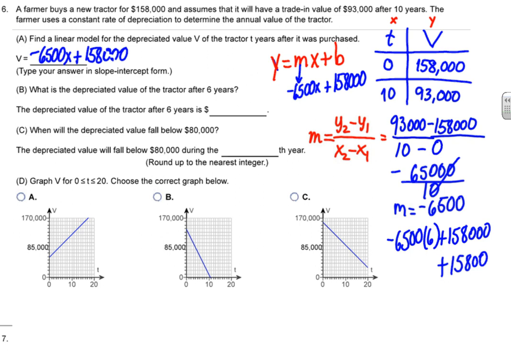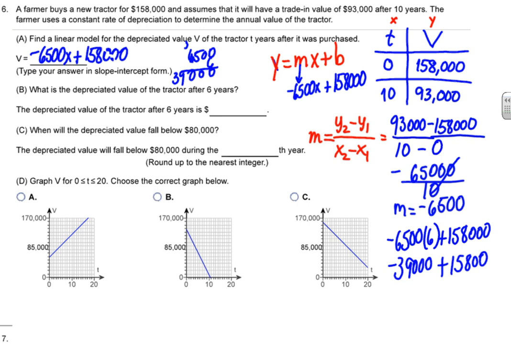Let's go over to the side and see what that's going to be. So it looks like it's going to be a negative 39,000.